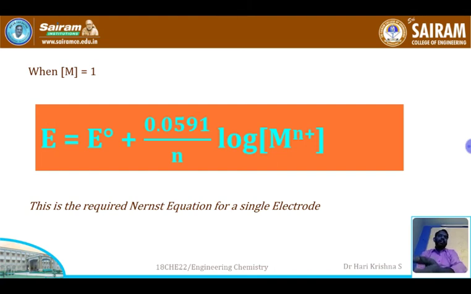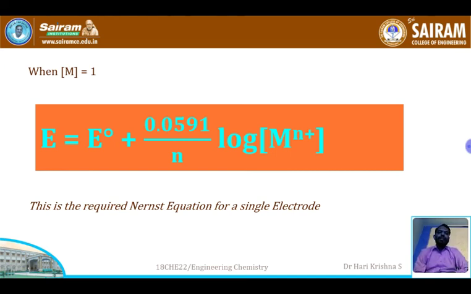As we know, E is the electrode potential, E naught is the standard electrode potential, and n is not a constant. n is the number of electrons lost during oxidation or gained during reduction. This n can be known only by writing the redox reactions, the anodic and cathodic reactions, or the overall reaction.